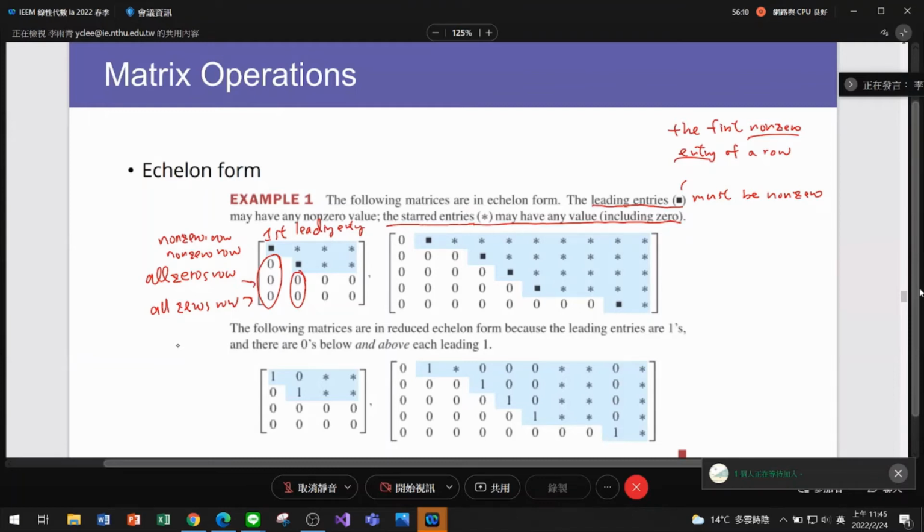And in the matrix next to it, we do not have all 0 rows. And it looks like a stair. And then the leading entries are with a gradual position.